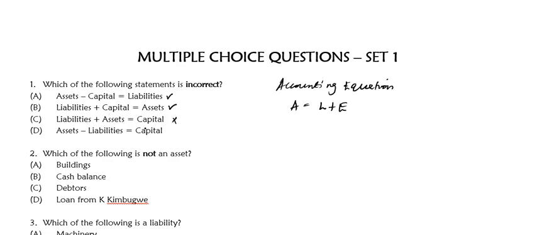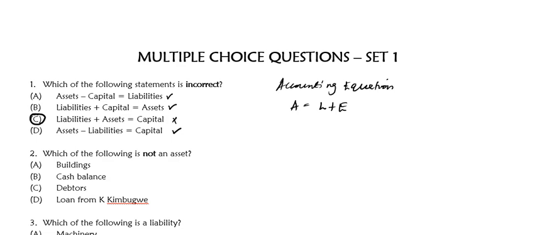Assets minus liabilities equals to capital. This is correct. So here the incorrect option is C. The rest of the options are correct.